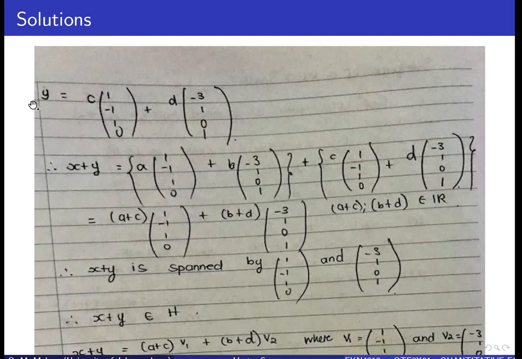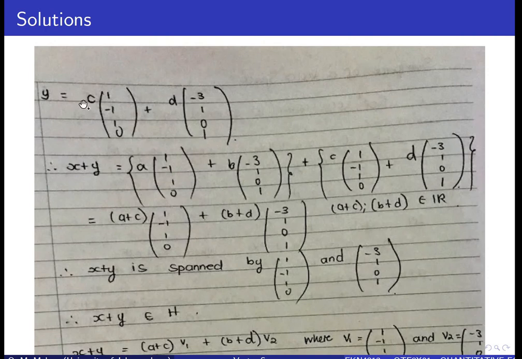Obviously, when I multiply y by k, I get ky. Then my task is to show that ky is in H. When I multiply, I get kc plus dk with all these vectors here.